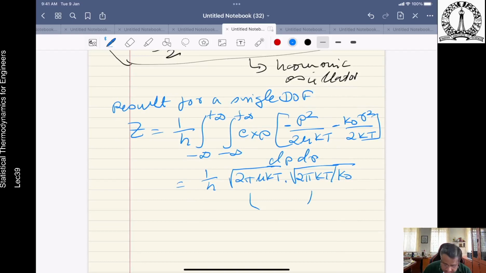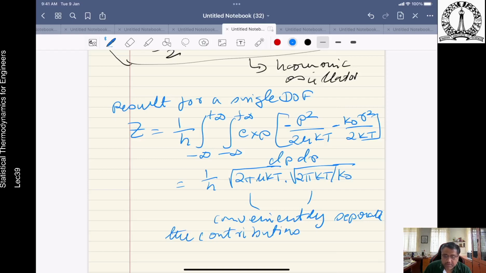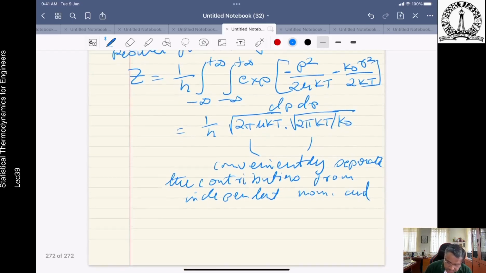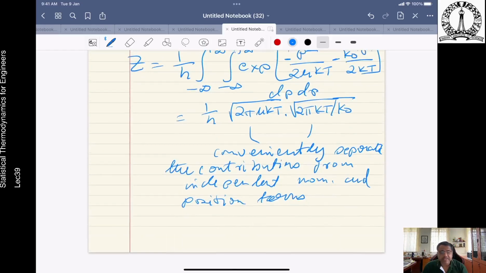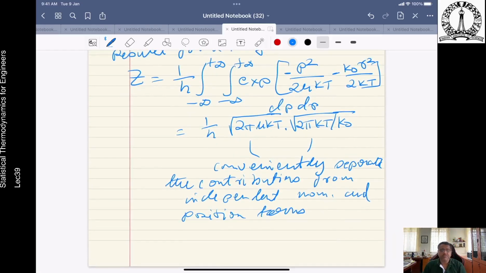We have successfully and conveniently separated their contributions to the partition function.